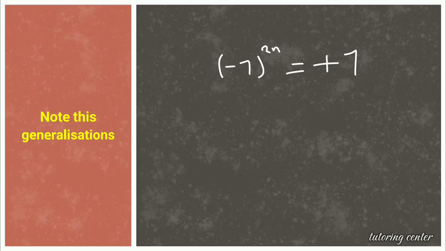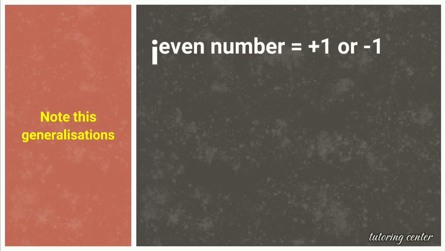So -1 to an even number will always be +1, and -1 to an odd number, where the mathematical representation for an odd number is 2n minus 1, because if you subtract 1 from any even number you get an odd number, will always be negative 1. So we have to know this. Negative 1 to an even number will be positive 1, and negative 1 to an odd number will be negative 1. Okay, so let's move on.